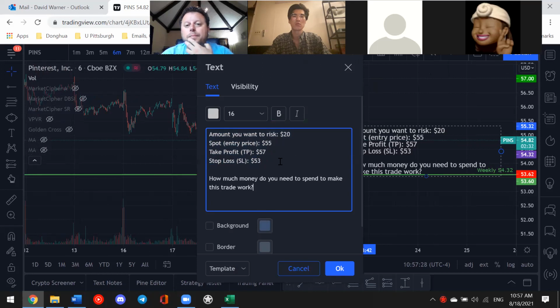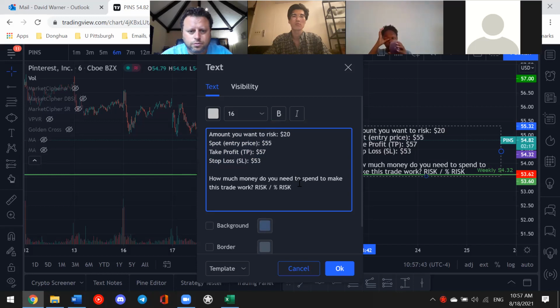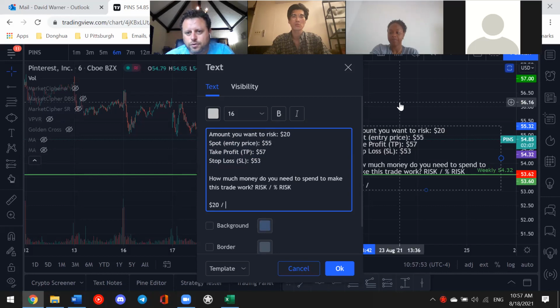Okay, and here's the math you saw me doing before. The calculation is the risk divided by the percentage risk. So our risk here is $20 divided by what's our percentage risk?